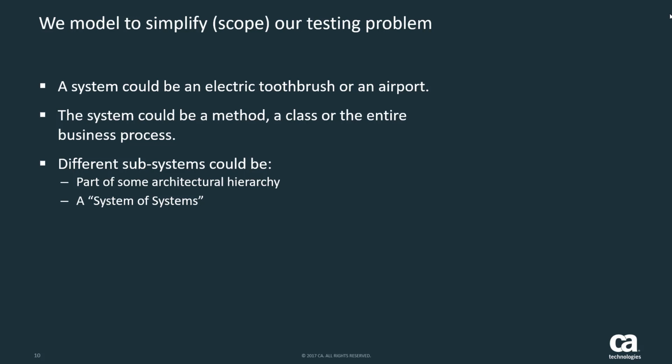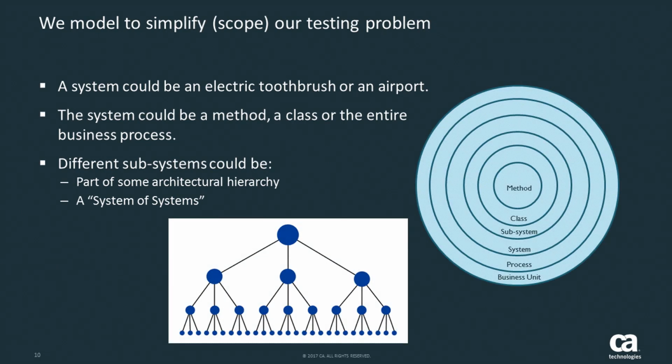Well, firstly, we model to simplify or scope our testing problem. Your system as a whole could be something as simple as an electric toothbrush, or it could be an airport, a huge enterprise. The system could be a single method in a small piece of software or a class, or it could be the entire business process. So there's a whole notion of levels, or a hierarchy, of systems and system components.